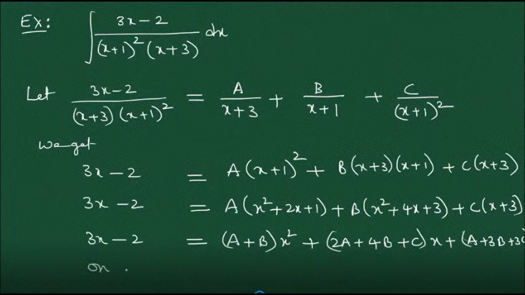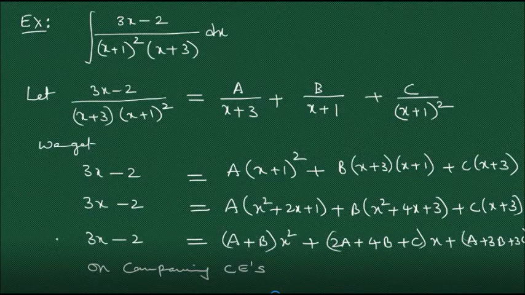Now on comparing coefficients. Is there an x square term here? Not there, so 0. So a plus b is equal to 0. 2a plus 4b plus c is equal to the x term, and here the coefficient is 3, so 2a plus 4b plus c is equal to 3.